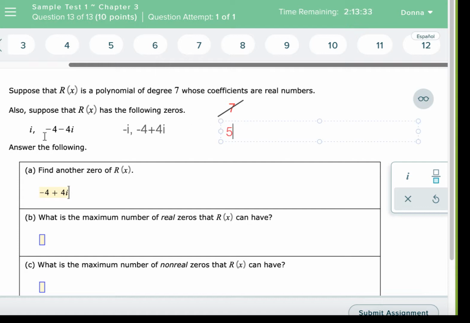So that's removing i and minus i. And then if we take away another 2, that will leave us with 3. So we could have 3 real zeros.